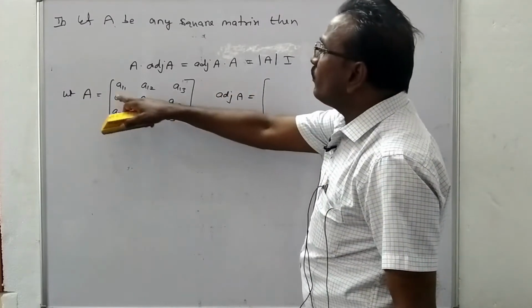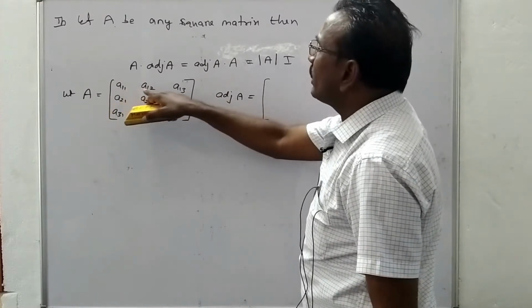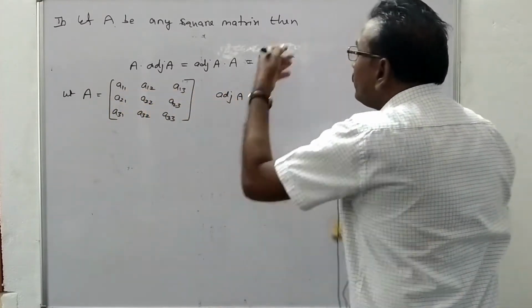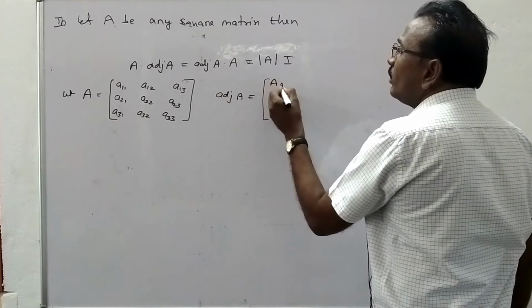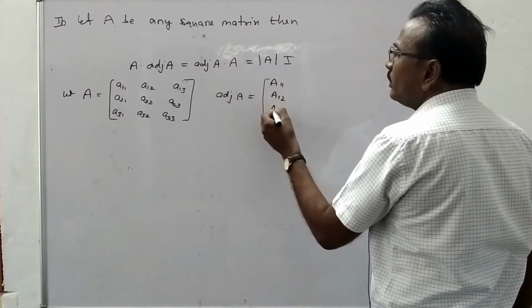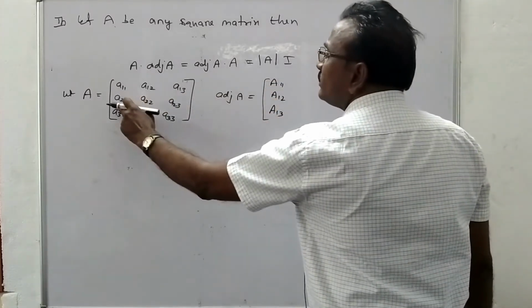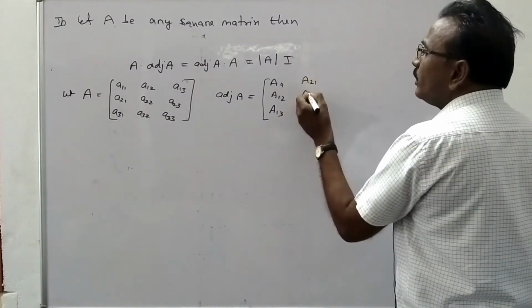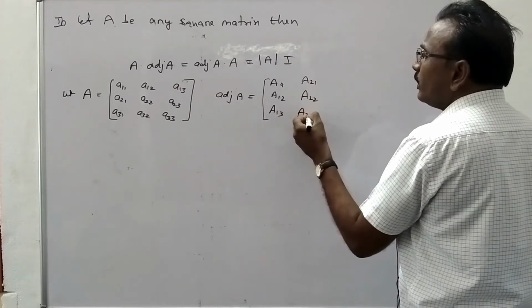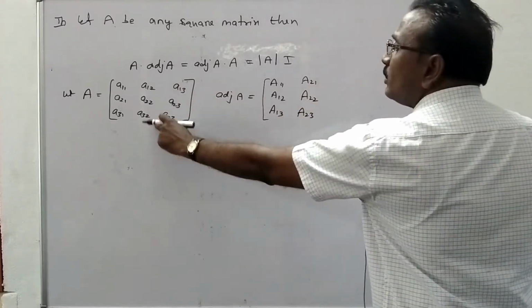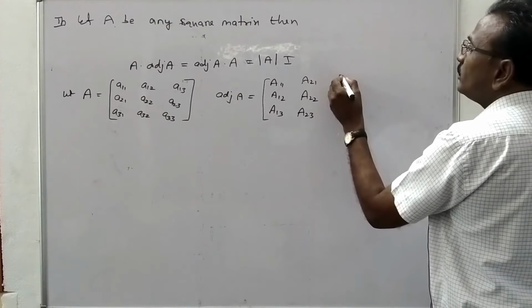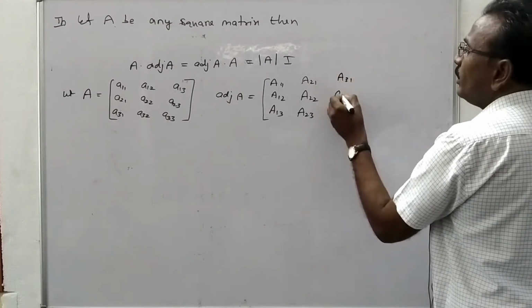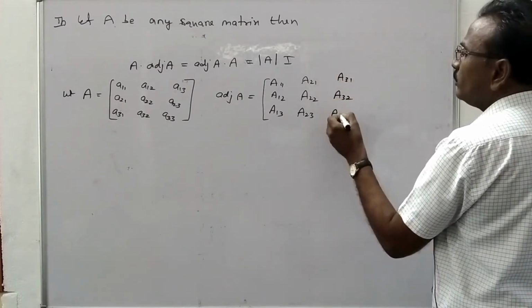What are the cofactors of the first row elements? Capital A11, A12, A13. Write them in the first column. The cofactors of the second row elements, capital A21, A22, A23, are written in the second column. The cofactors of the third row elements, A31, A32, A33, are written in the third column.